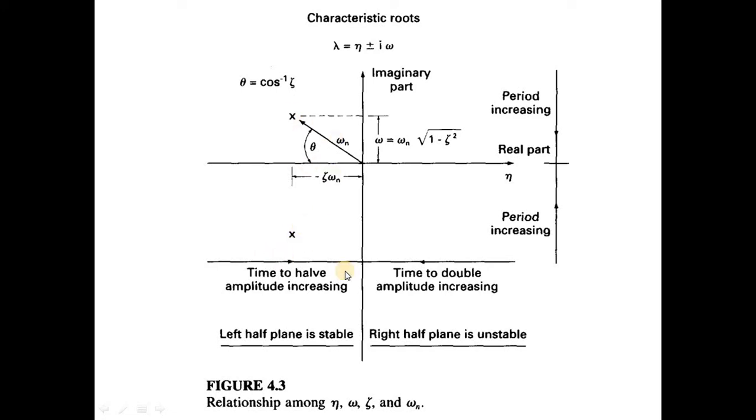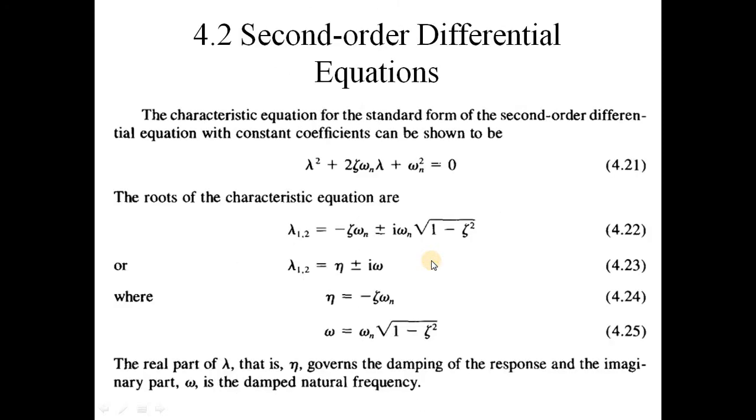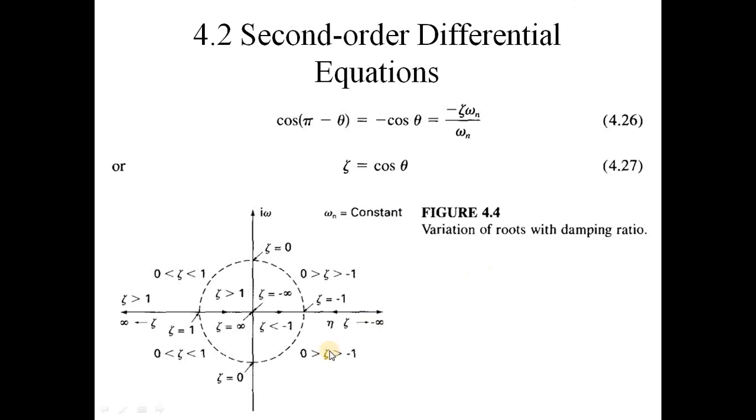So this is the standard characteristic equation, and these are the roots of the characteristic equation. It will look something like this, and this is the real part, and this is the imaginary part that we have been discussing just now.